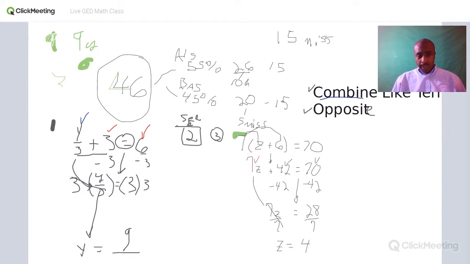So I'm going to come over here, get my pencil color back, and here we go with number 4. So number 4 is x over 7 plus 9 equals 10.3.